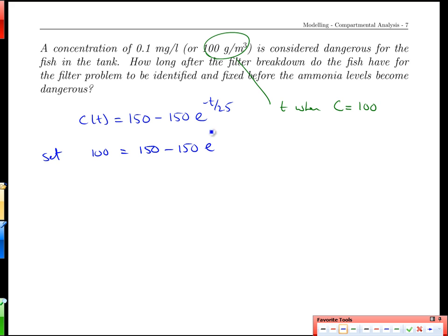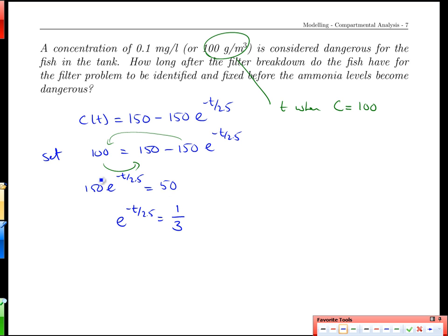Working through the calculations now, there's no calculus anymore. This is straight manipulation of equations. We can bring the t stuff over to that side, the 150 on that side. And 150 minus 100 is just 50. So e to the minus t over 2.5 is 50 over 150, or just 1/3.